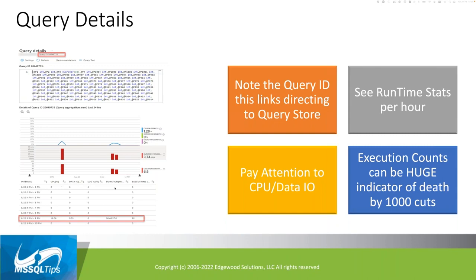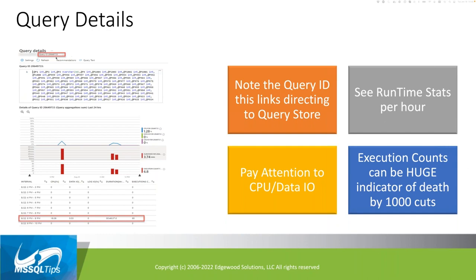But here we can see that all of our executions were between 8 and 9 p.m. and we were consuming 16% of our CPU. It's probably because the optimizer was crying because it was trying to generate a plan for this query that had all these parameters. That's kind of a different problem, but this can let you quickly identify this to start focusing.